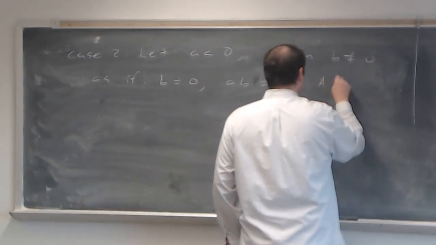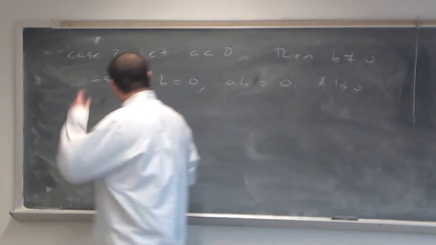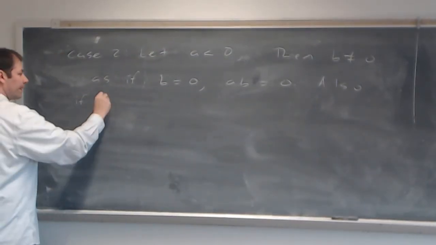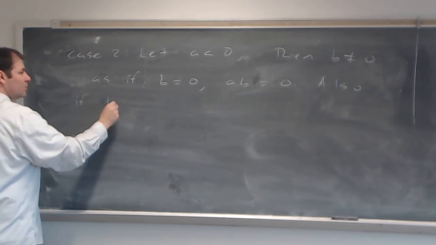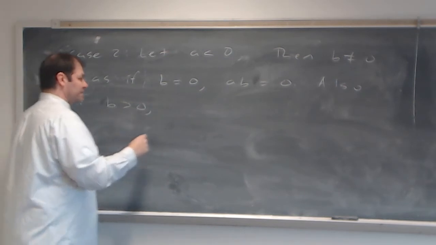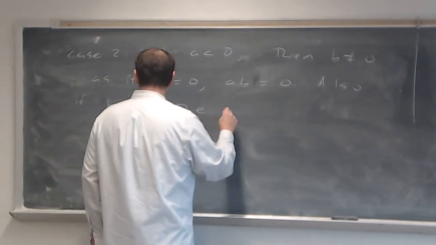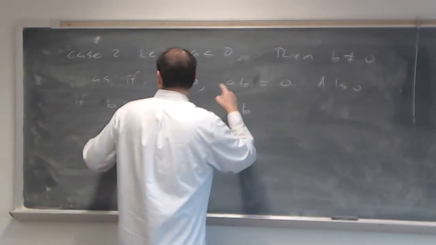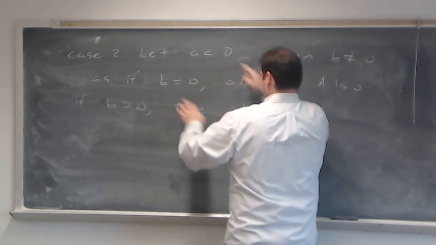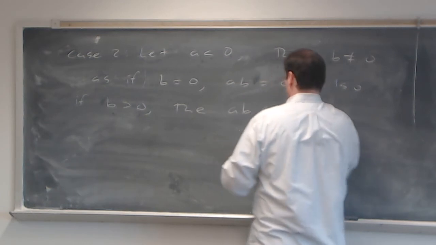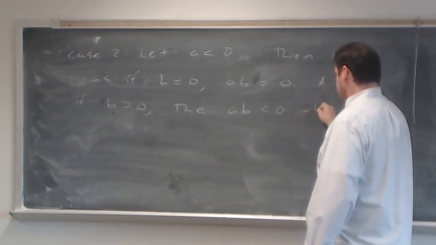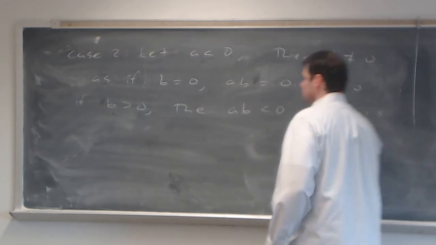Also, if b were greater than 0 in this case, then I'm thinking about multiplying this inequality, a being less than 0, by b, so a times b will be less than 0, which is a contradiction.